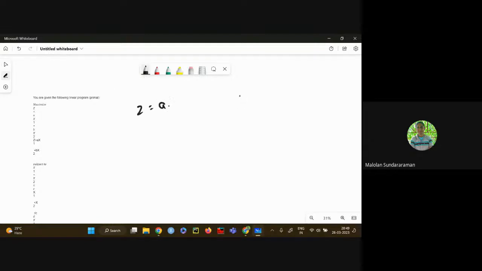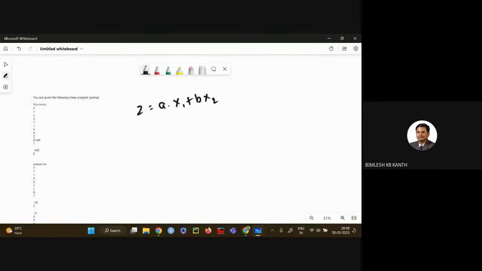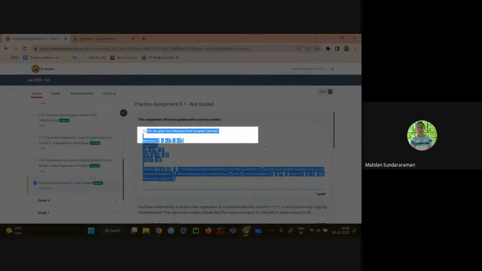Z is going to be AX1. You can do X2. You can press the Windows button, Shift button, and S button. Then you can drag, and it will capture the area. If you want the question, yes. And then you can paste it here. Windows, Shift, and S. Snipping tool.